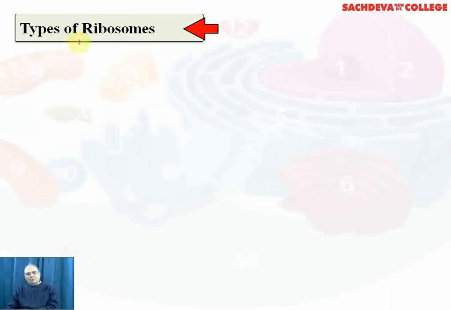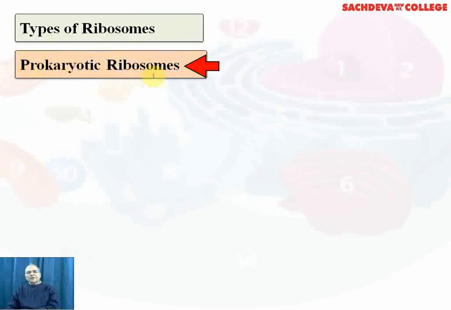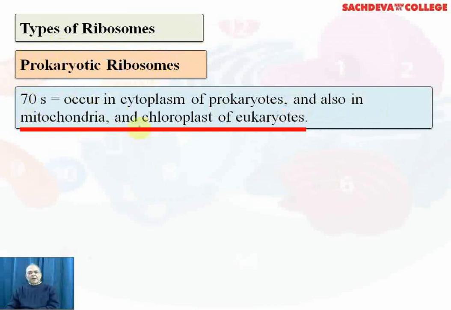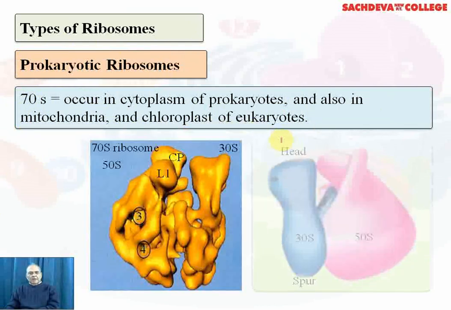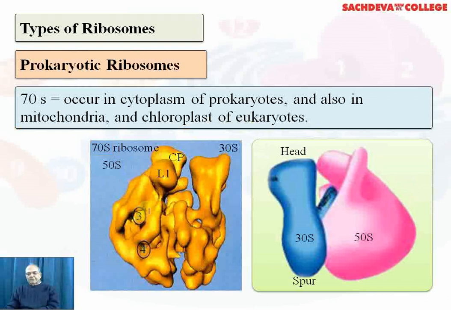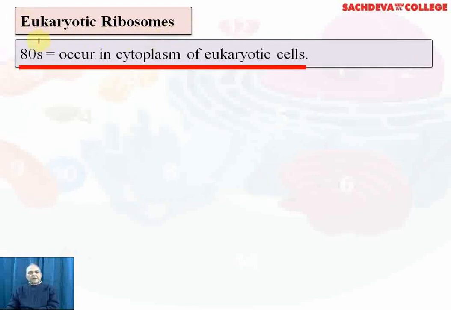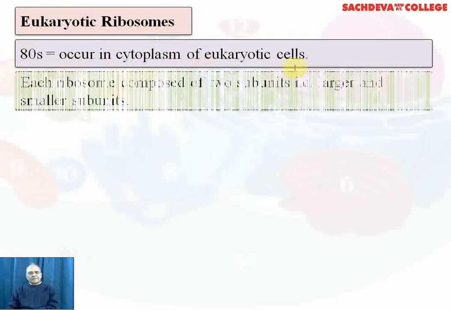Types of ribosomes. Prokaryotic ribosomes, which are 70S, occur in the cytoplasm of prokaryotes, and also in mitochondria and chloroplasts of eukaryotes. This 70S is made up of two subunits, 50S and 30S. Eukaryotic ribosomes, 80S, occur in the cytoplasm of eukaryotic cells.